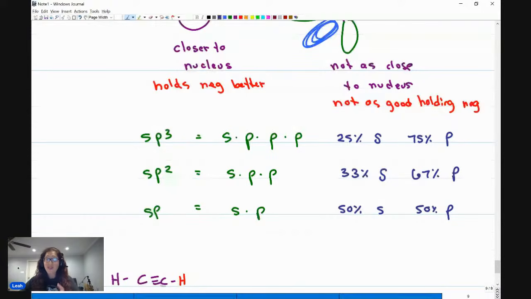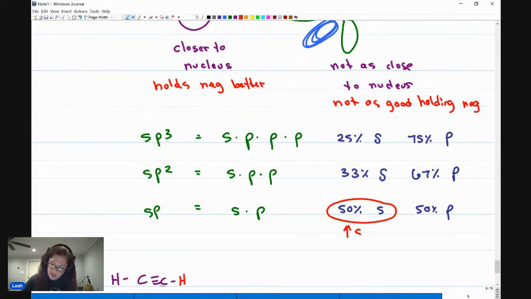Now, if the S orbital is better at holding a negative, then the one that has more S is better at holding a negative. Well, the most S that we have is 50%. That's high S. That would give us the strongest acid because the conjugate base is going to be best at holding that negative charge.